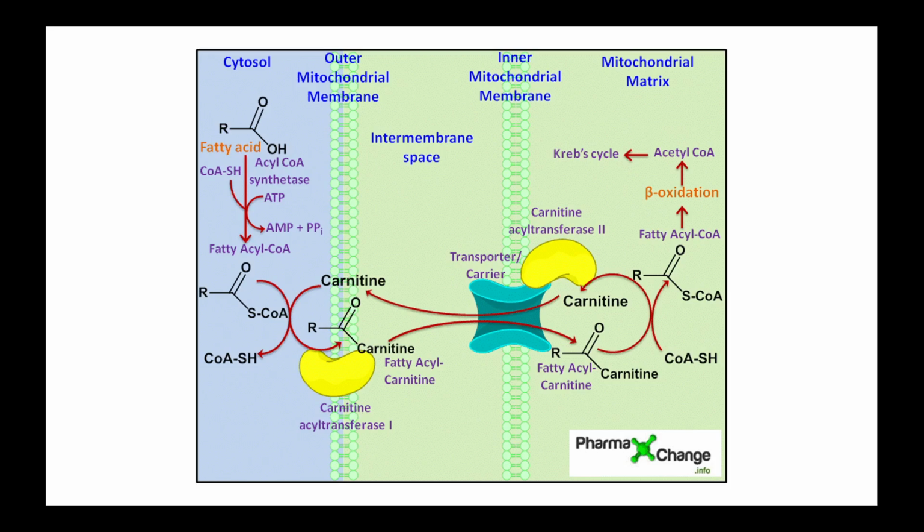mitochondrial membrane. You know the mitochondrial membrane is a double membrane. It has the outer mitochondrial membrane and the inner mitochondrial membrane, and between both the membranes there is an intermembrane space. The activation of fatty acid into fatty acyl coenzyme A occurs in the cytosol using the enzyme acyl coenzyme A synthetase.